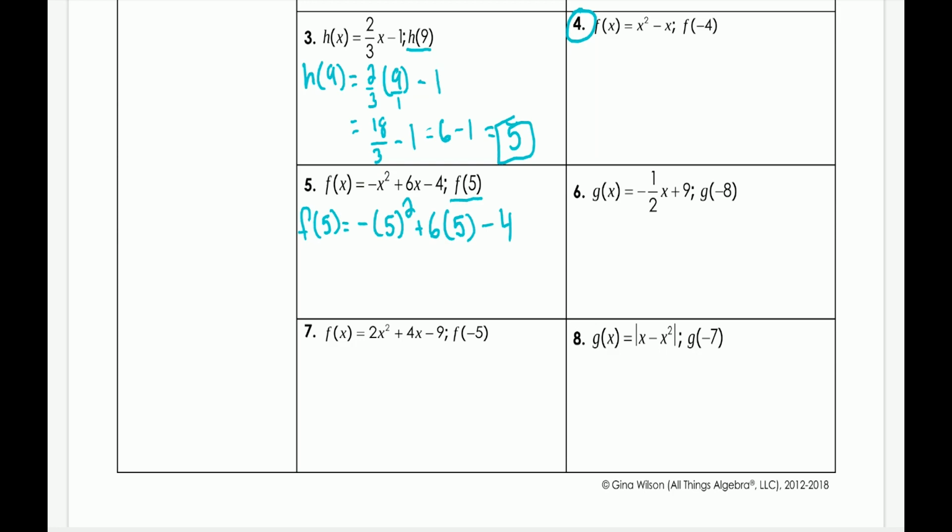There's nothing to really do inside the parentheses, so we move on to exponents. 5 squared is 5 times 5, so 25. So we have negative 25 plus, let's do this multiplication, 6 times 5 is 30, minus 4. Negative 25 plus 30 is equal to positive 5, minus 4, which is 1. So our answer for number 5 is 1. Number 6 is for you to do on your own.